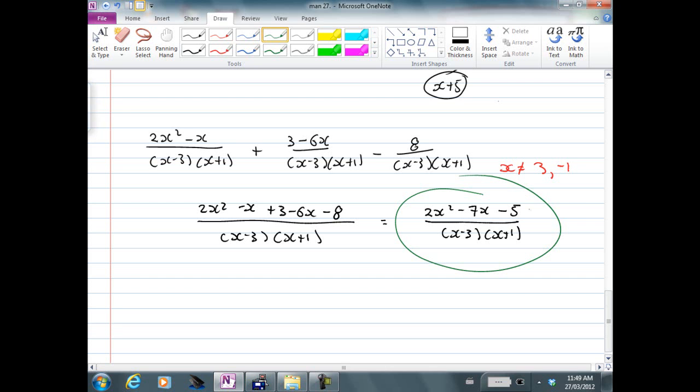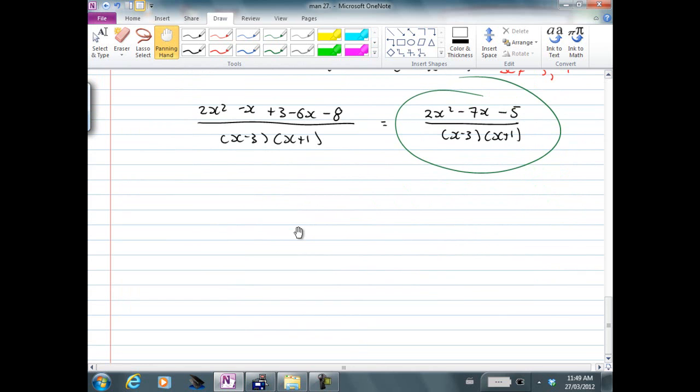And now I'm going to introduce a few more quick questions. Add and subtract. These are basic questions now. What if I give you a question like this? 2x over xy plus 4 over x squared minus 3.